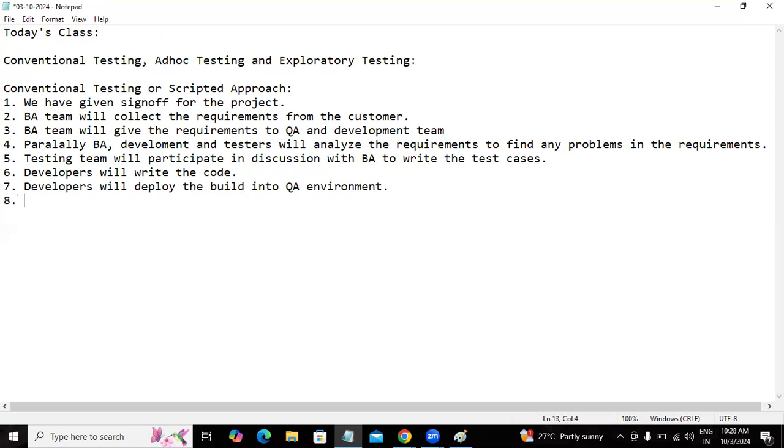Now testers will execute the test cases and report the defects to the developers.